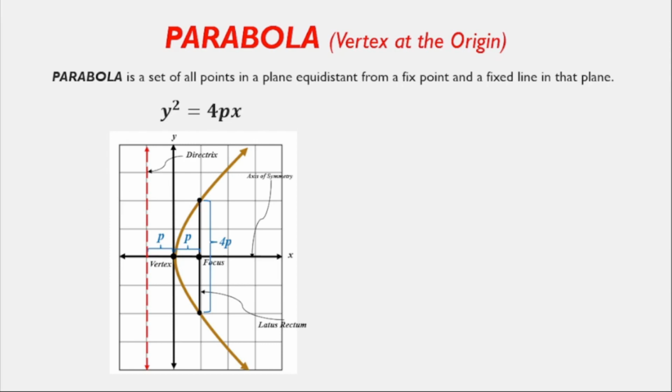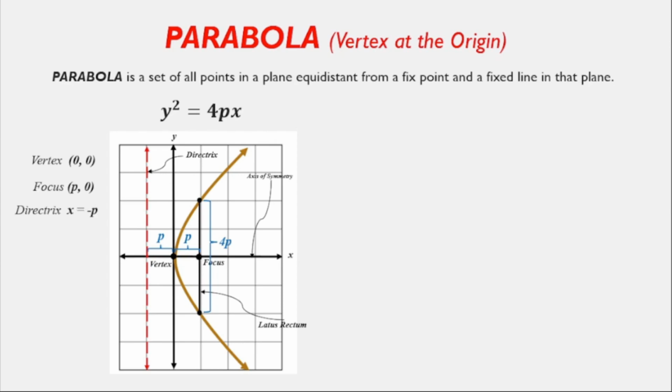Let us find the coordinates and the equations of the parts of the parabola y squared is equal to 4px. The vertex is the coordinate (0, 0), which is the point of origin. For the focus, the coordinate is (p, 0).